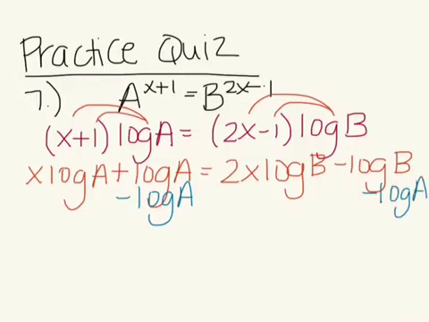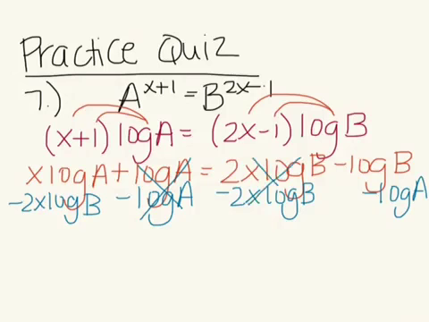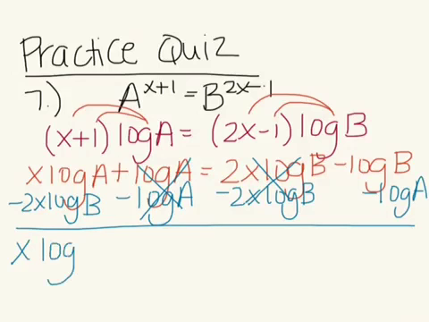And then that means I'm going to move my 2x log of b the other way. And I'm going to go ahead and cross out the things that cancel because this looks a little messy. And then just write out what we have going on here.